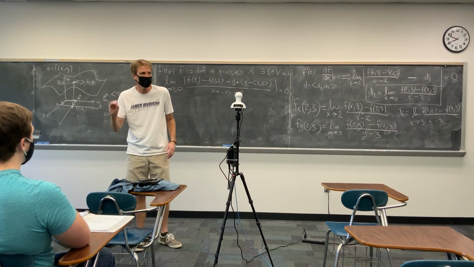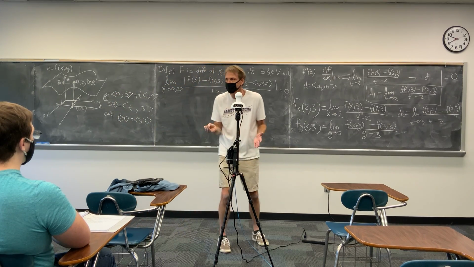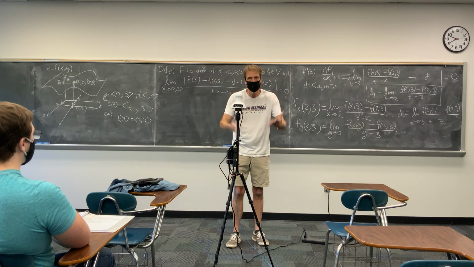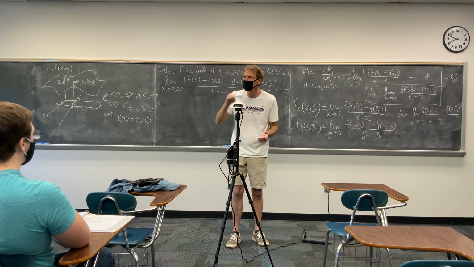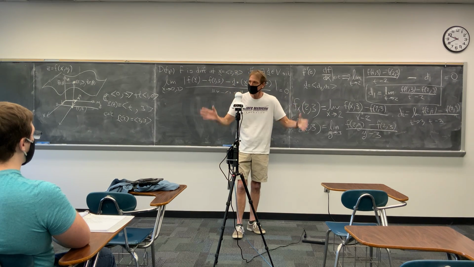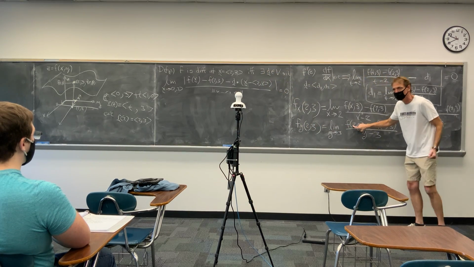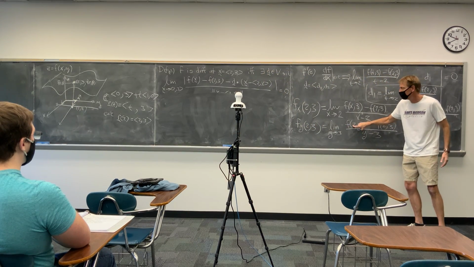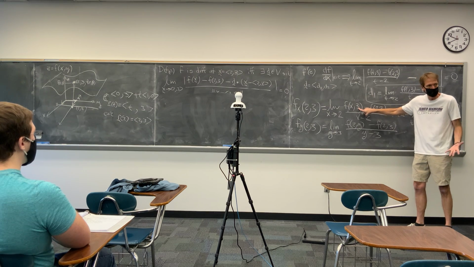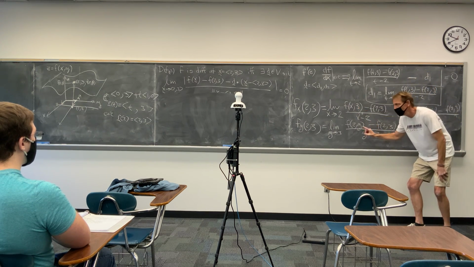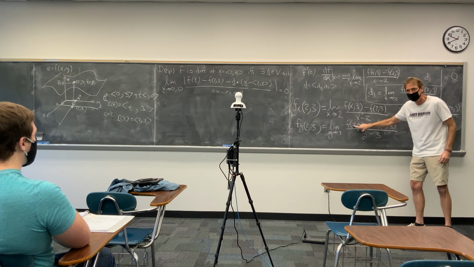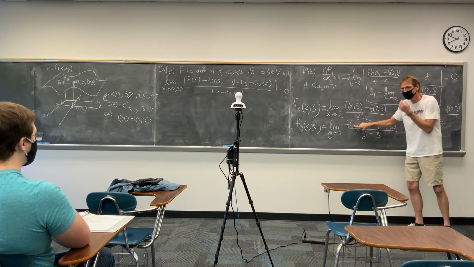When you're taking partial derivatives with respect to x, you can think of y as being a constant. And when you take the partial derivative of f with respect to y, you can think of x as being a constant.